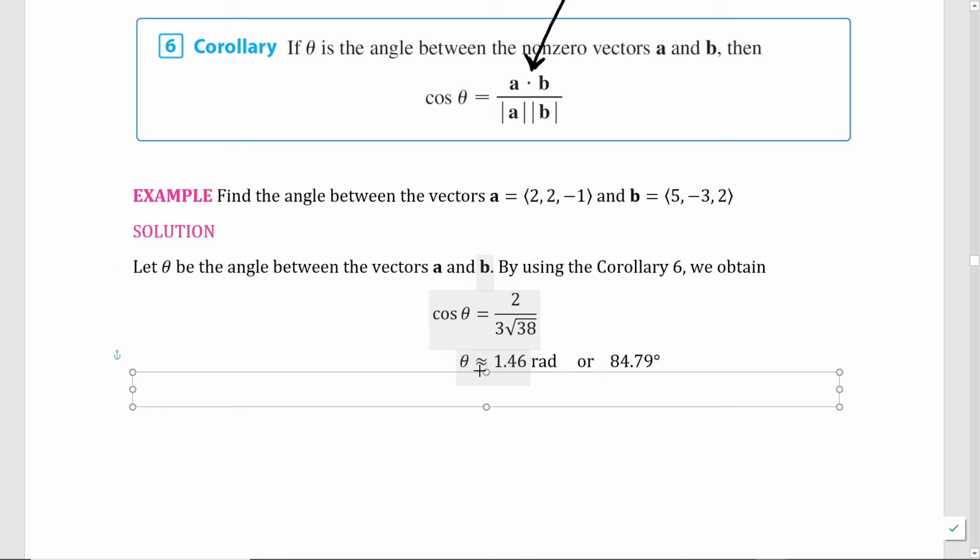So the dot product of these two vectors is 2, and the product of the magnitudes is 3 times the positive square root of 38. If we solve by using our calculator, then we get the theta value as 1.46 radians, or 84.79 degrees.